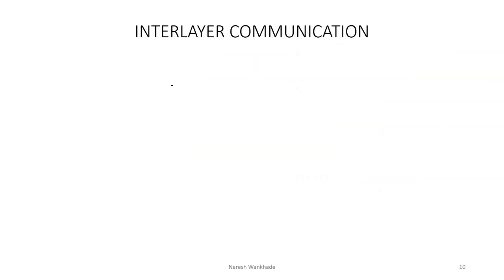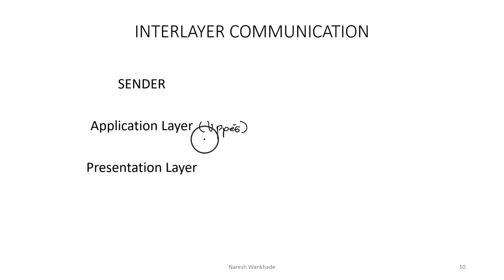Theoretically, taking the example of the application layer and the presentation layer, at the sender side the application layer, which is the upper layer, gives services to the lower layer, that is the presentation layer, in a top to down direction. That is known as interlayer communication. Or we can say the presentation layer, which is the lower layer, uses the services provided by the application layer, which is the upper layer, at the sender side.